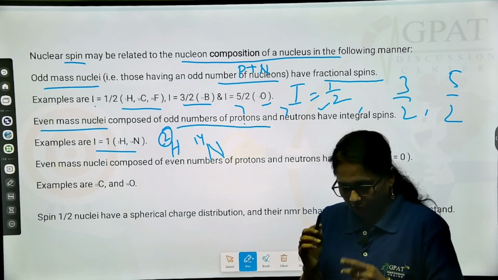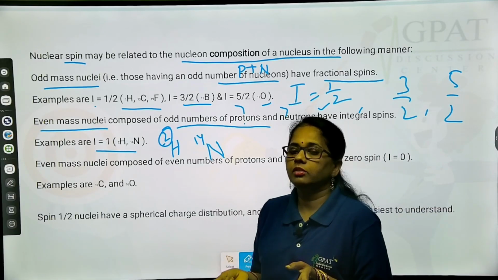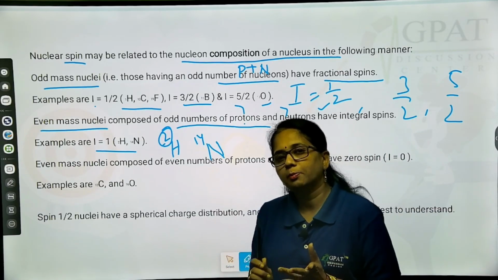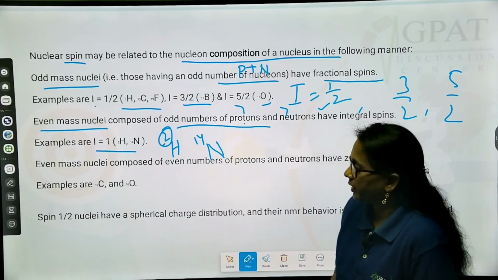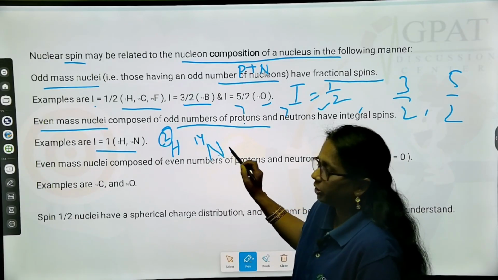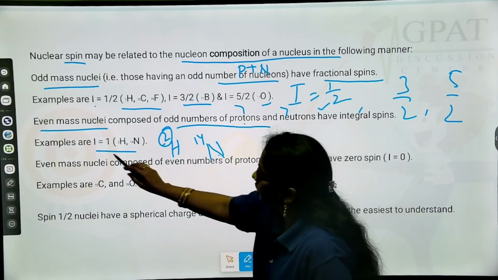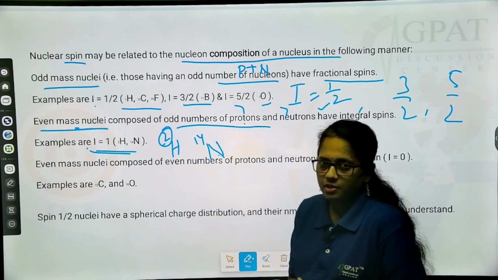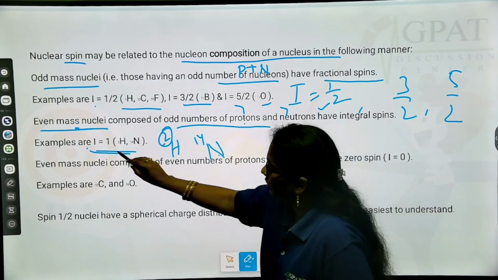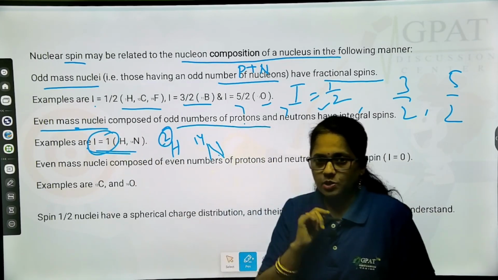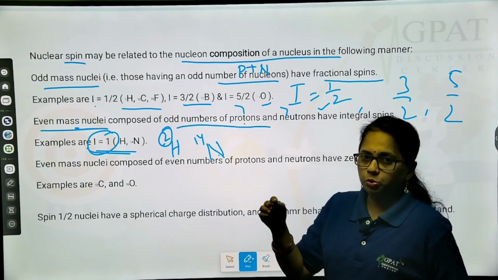So what is the condition for NMR absorption? Either the atomic number or the mass number should be an odd number. For these you are going to see NMR absorption, and for the even mass numbers you are going to observe integer quantum numbers 1, 2, 3 like that.